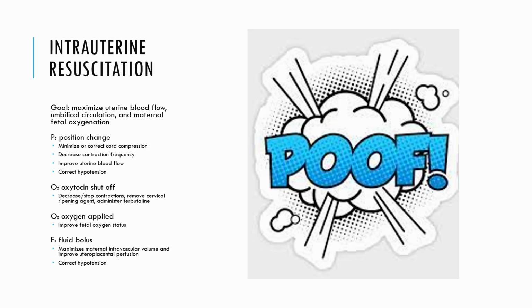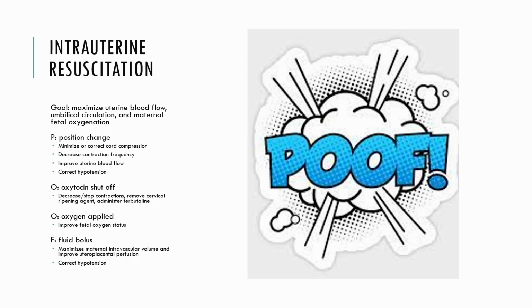P for POOF, position change. Okay, change mom's position. This can minimize or correct any cord compression. So if she's laying on her right side and maybe baby is laying on that right side too, pushed up against the cord, if you switch her to her left side, that can help alleviate that cord compression.